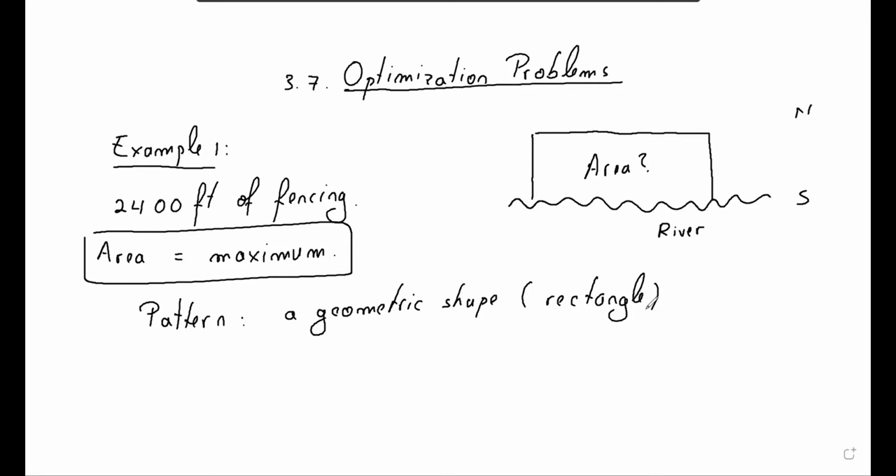Well, because it's a rectangle, we are going to display the elements of a rectangle. A rectangle has a length, which is this side here, and a width, which is these two sides over here. We could call the length the side along the bank of the river, so we could call that L as well.